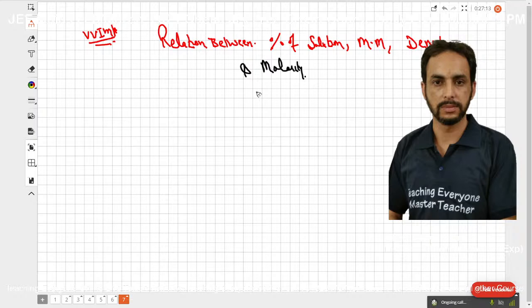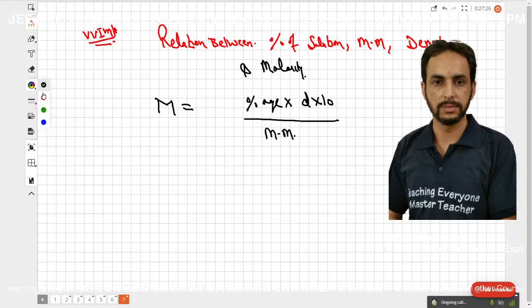So molarity equals percentage into density into 10 over molecular mass. This is the relation to find the molarity.